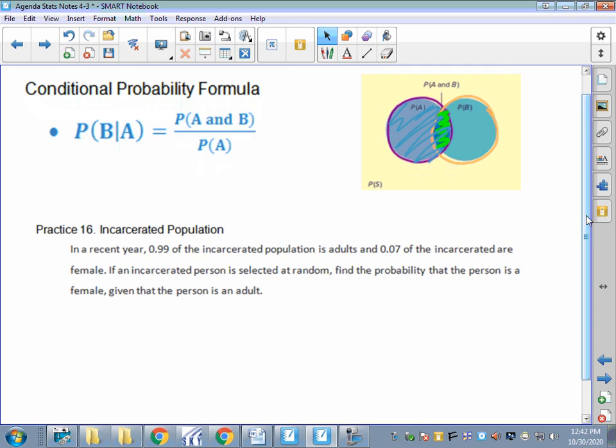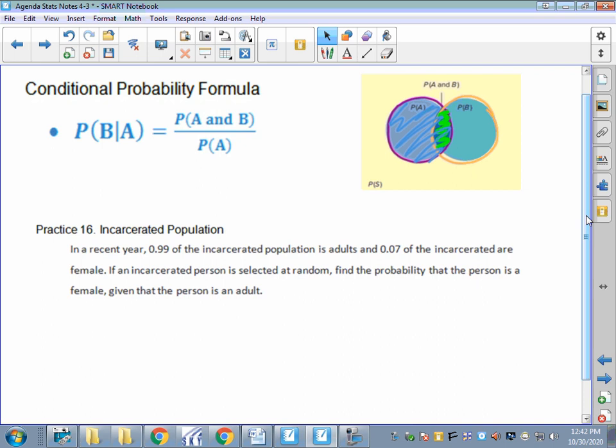So if we do a quick example, in a recent year, 99% or 0.99 of the incarcerated population is adults and 0.07 of the incarcerated population is female. If an incarcerated person, you know, in prison, is selected at random, find the probability that the person is a female given that the person is an adult.